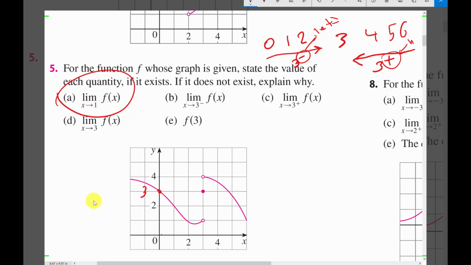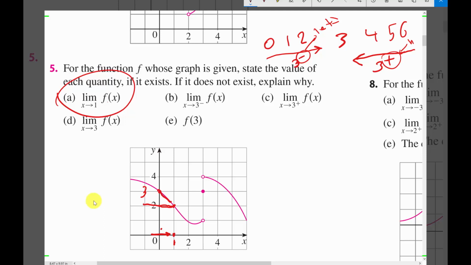When you don't see any plus sign or negative sign, this means that you're going to take both the right and left side. So when x approaches, this is 1 by the way, when x approaches 1 from the left side, we see that f of x equals 2, as you see over here.